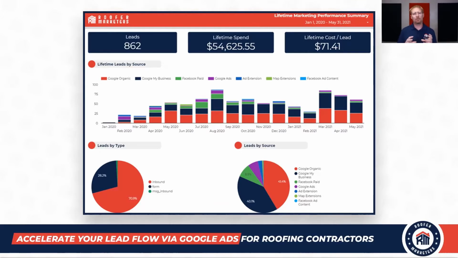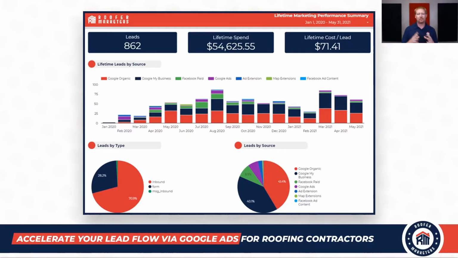So almost 10% of their leads come from Google Ads, right? But as I was mentioning in the last slide, Google Ads are more expensive, right? So the lifetime lead cost for them is $71.41, but their pay-per-click cost is going to be much more than that, right?